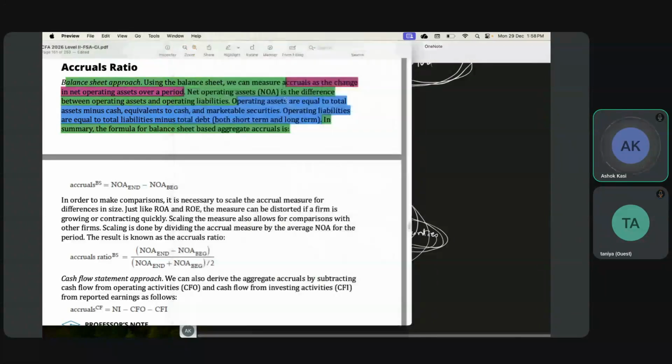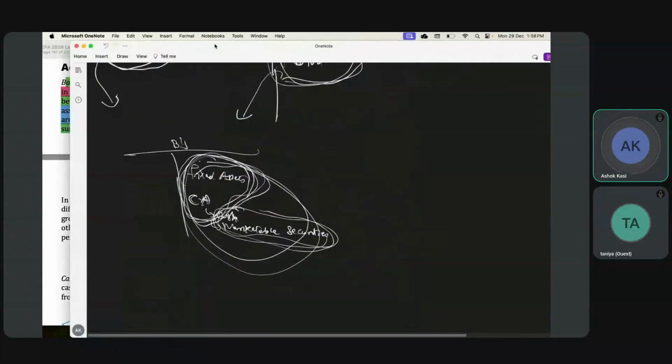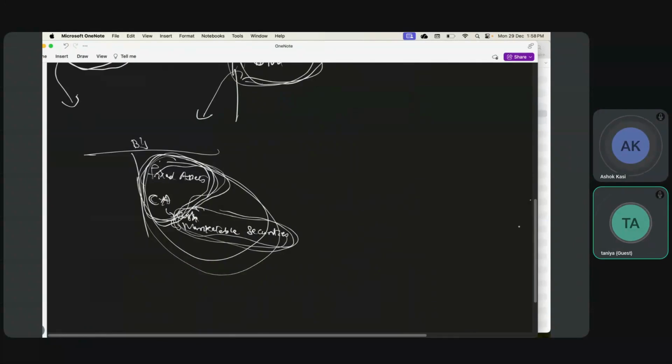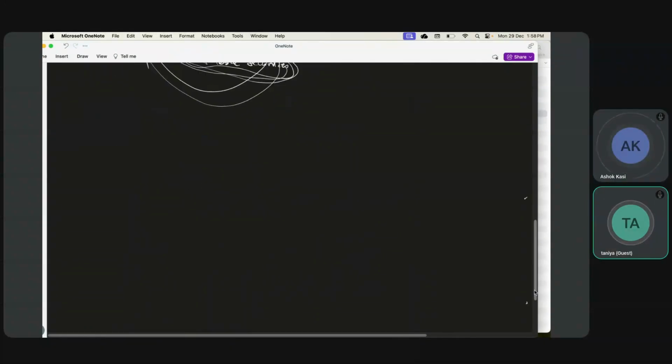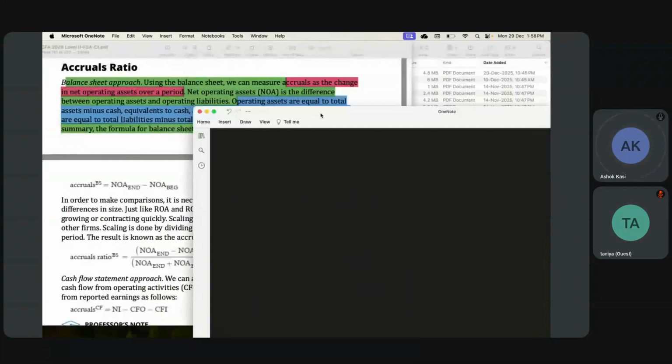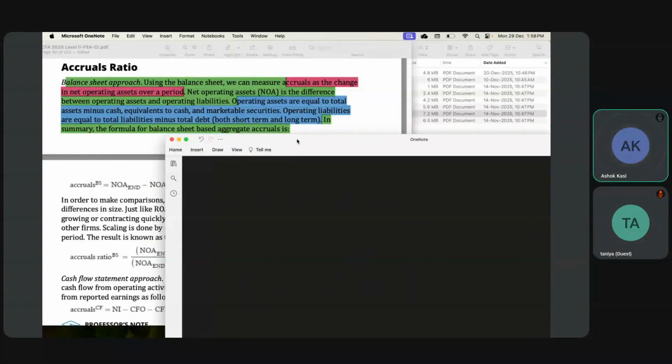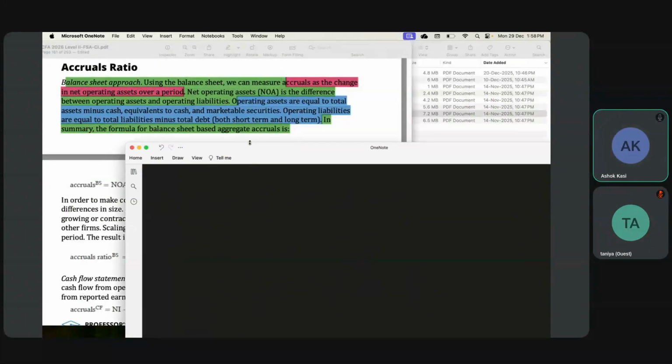Should I write it here, because they have given it like a theory. If we make it like a formula, then it will become easier. Net operating assets is equal to operating assets and operating liabilities.